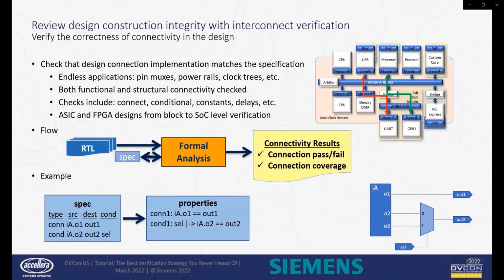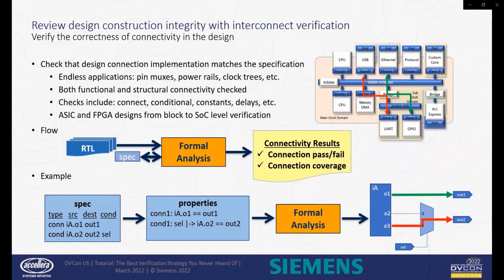The CON1 property says that IAO1 is equivalent to OUT1, and the COND1 property says that when the select input is 1, the IAO2 is connected to OUT2. These properties are then formally verified with bit-level accuracy. Formal efficiently explores the full state space of the connections.